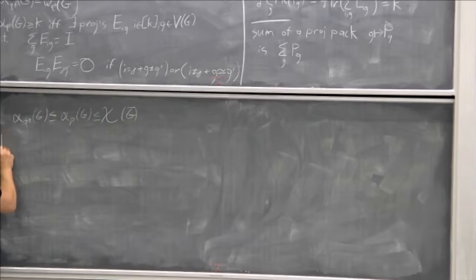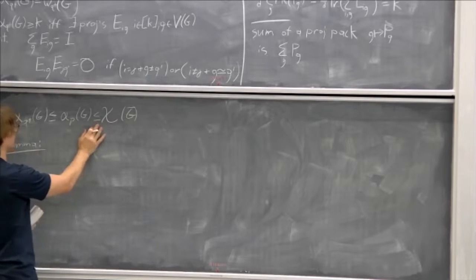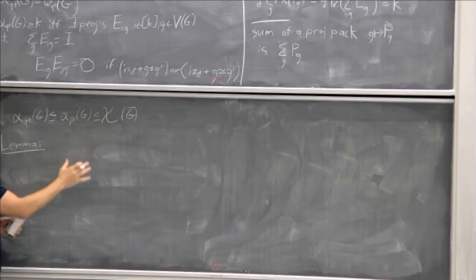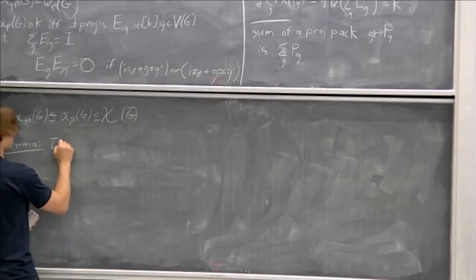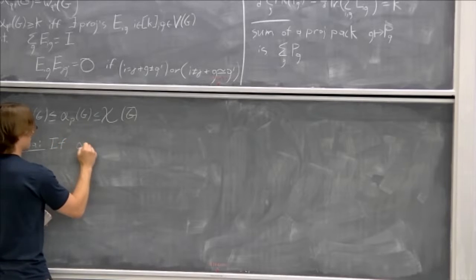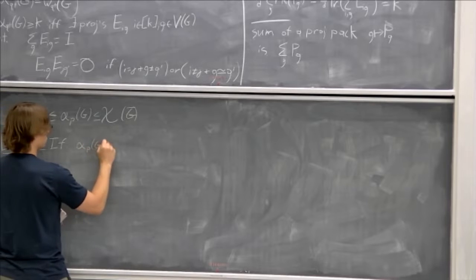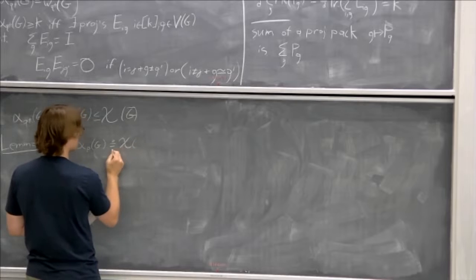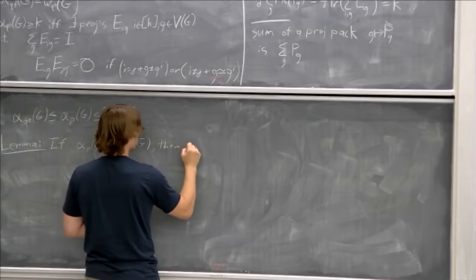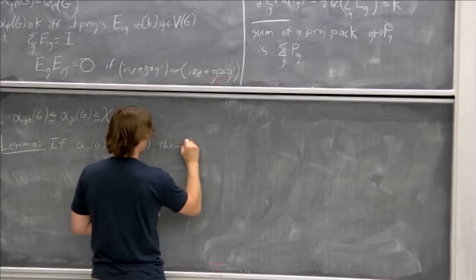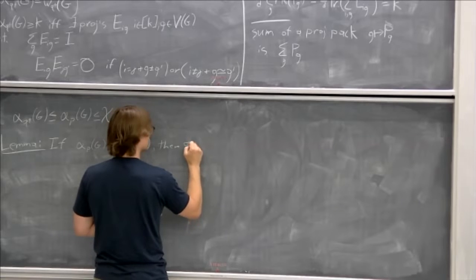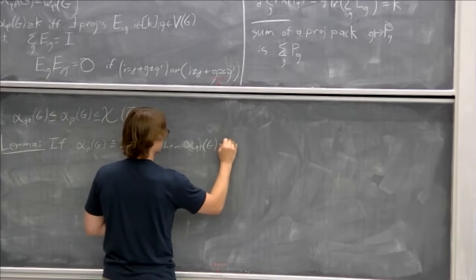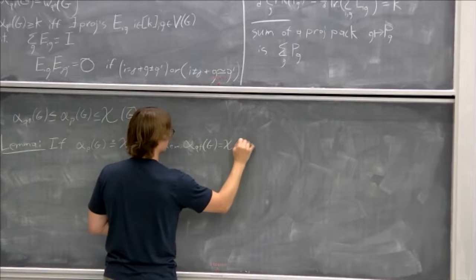These parameters kind of collapse. If alpha p of G is equal to chi of G bar and it's attained, then in fact alpha qt of G is equal to chi of G bar.